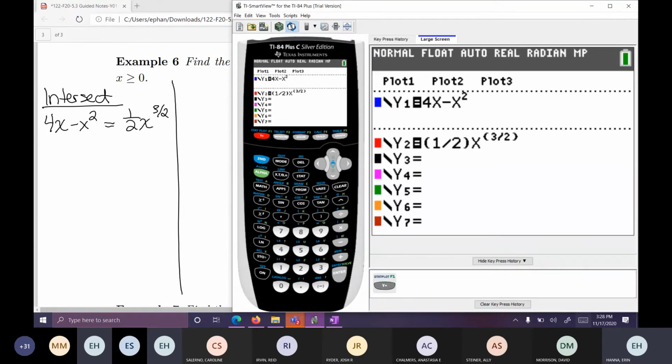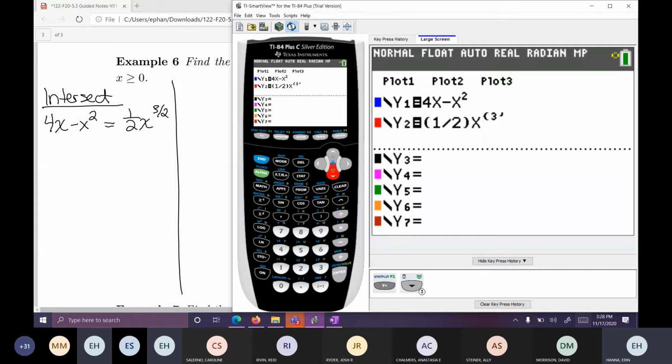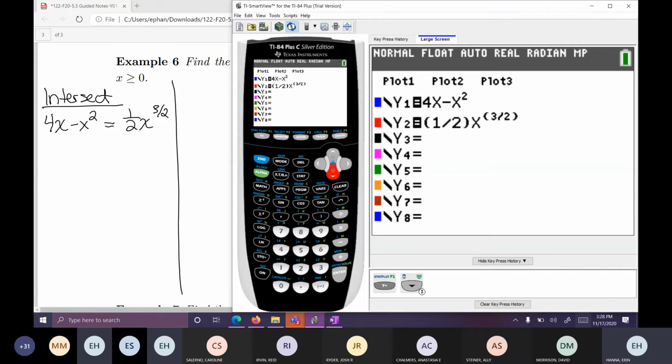Oh, they're already in there. Obviously you won't already have them in there, so you're going to want to put both of those functions into your calculator, one on each line. I'll wait a couple seconds in case anyone's trying to follow along.